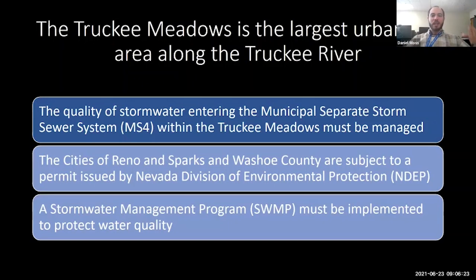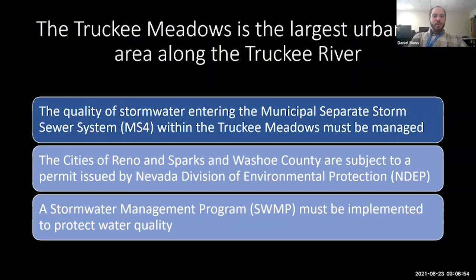Again, the Truckee Meadows area is the largest urbanized section along the river, and that's why our MS4 permit is closely monitored and managed, and so much of our day-to-day operations at the county and Sparks and Reno are driven by this one permit here.